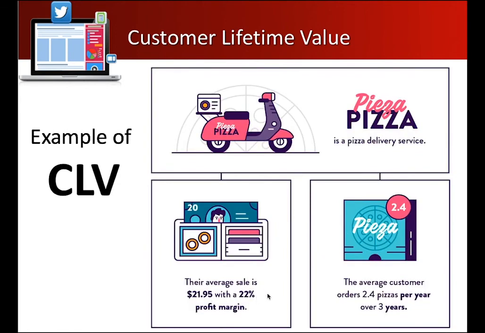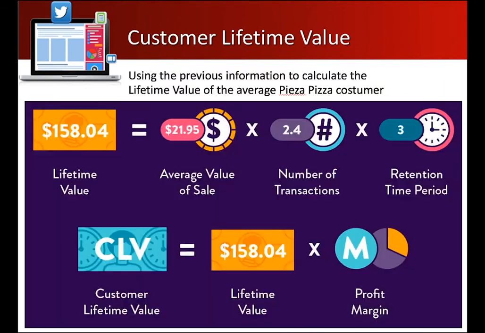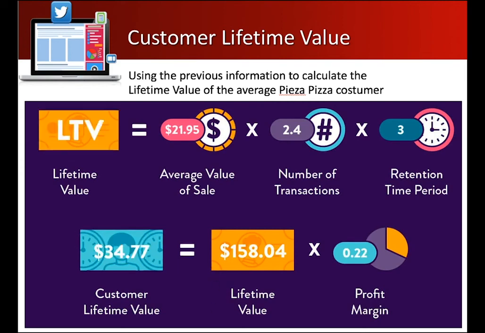The profit margin for this pizzeria is 22%. So the 22% goes right here. Then all you have to do is multiply $158.04 times 22%. So the customer lifetime value is $34.77. Not as complicated as you thought.